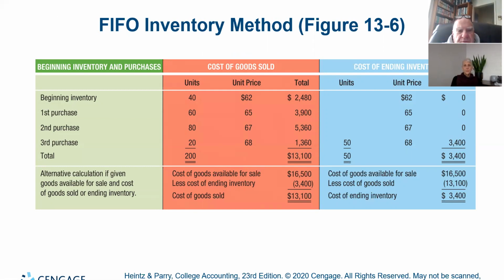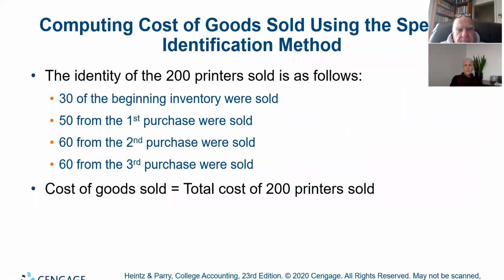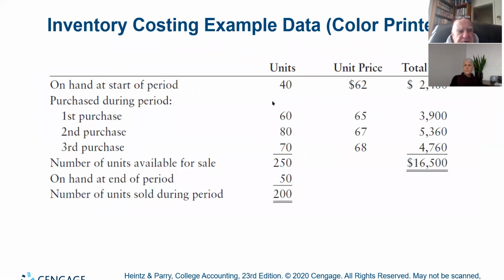Remember we sold those 200? Here we go, specific ID. We sold those 200, right, Lori? And they told us, well, 30 are going to be times 62, 50 times 65. Under FIFO, which ones did we sell first?